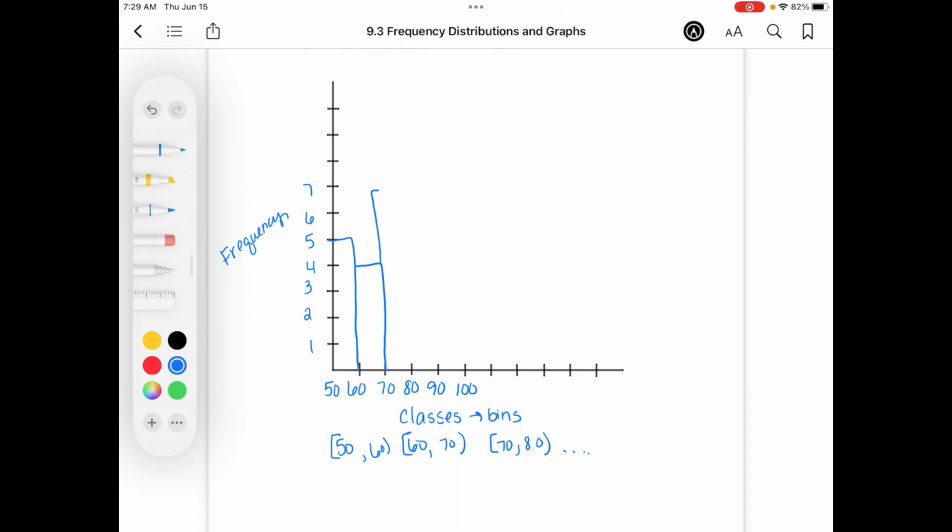Then we had 7. Then we had 3 from 80 to 90. And then from 90 to 100, we had 2. And these were test scores.